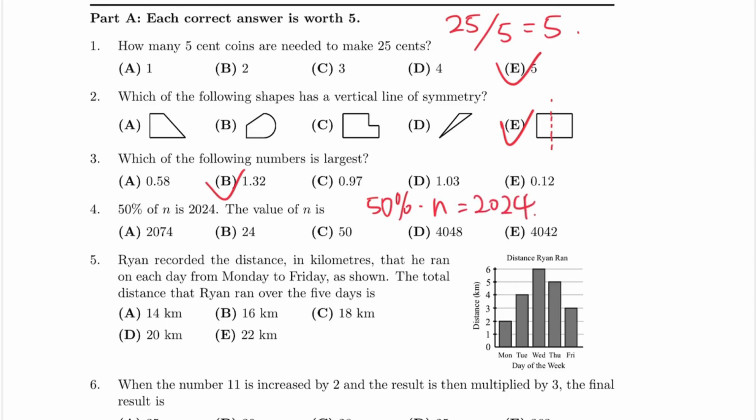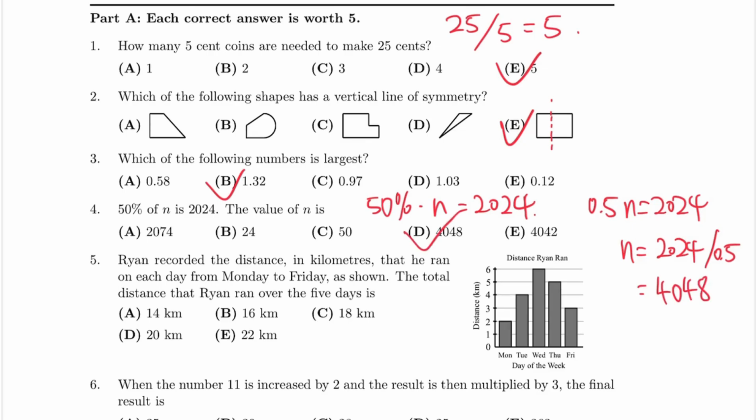We need to find the value of n. We know that 50% is actually 0.5. So 0.5 n equals 2024. So n is 2024 divided by 0.5, which is 4048. The answer is 4048.